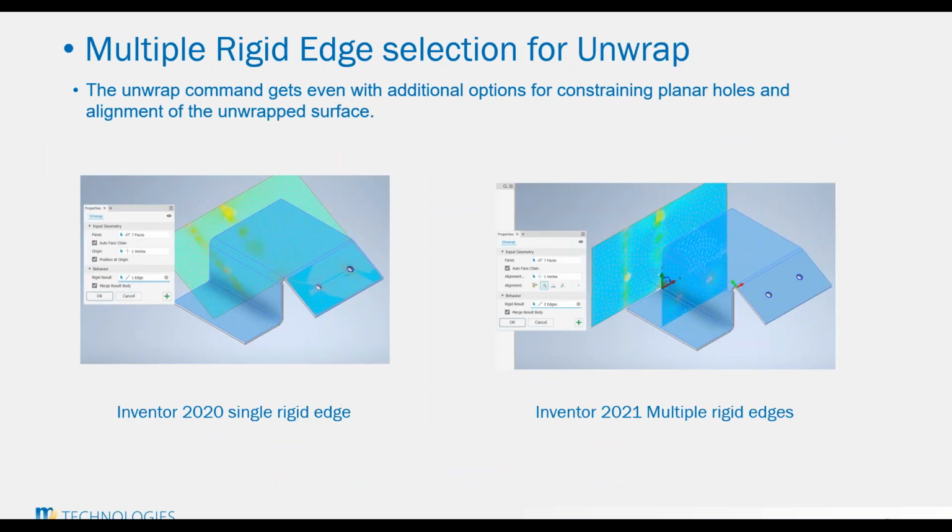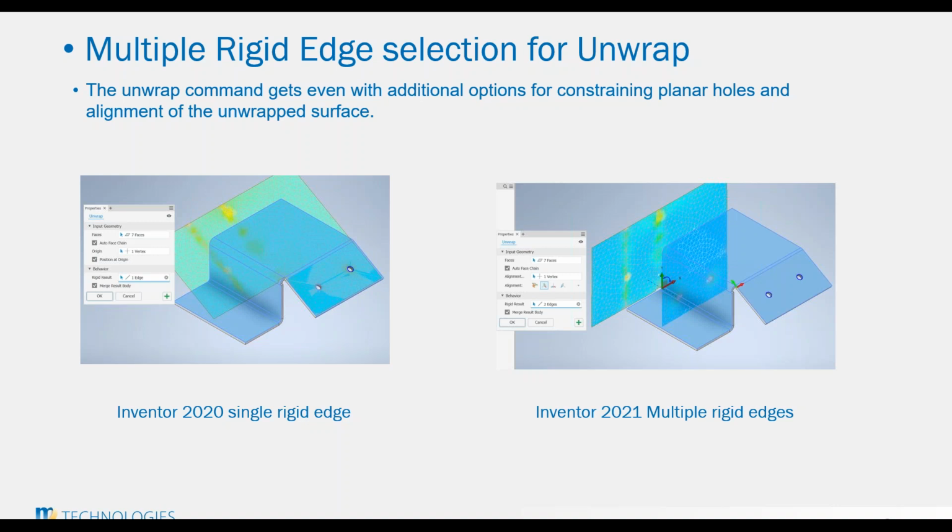The next thing that the Inventor team did was they extended the unwrap command. The issue in 2020 was that when you used the unwrap tool, it only allowed you to select one rigid edge, and whether it came in from the wish list or the Inventor Ideas forum, it was the request to have multiple edges selected.